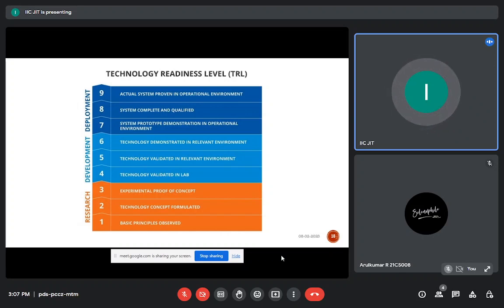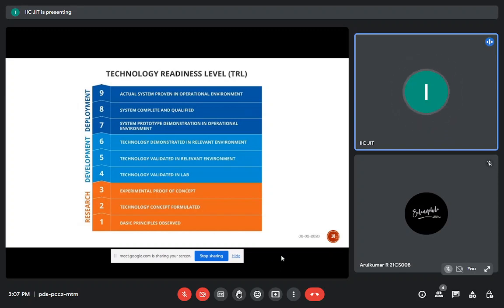That is level 2, where you have formulated a concept of the technology. From a block diagram on paper, you have actually given a name. You have done some simple analysis. You have identified components.